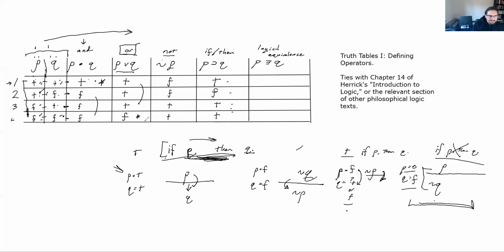For the or, it's down here when both are false that stands out, that is the exception for the or column. The not is just half and half, pretty ordinary, pretty plain. The conditional is also 3 and 1, except here it is row 2 that stands out. And that's the exceptional one.